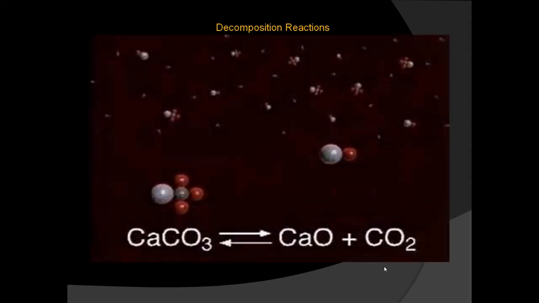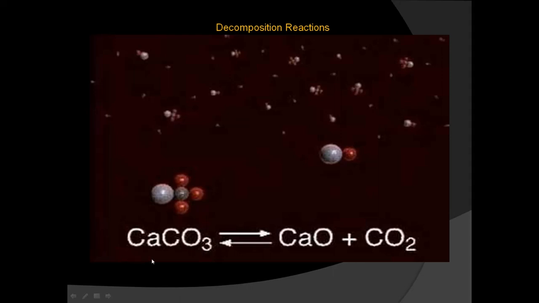Next, till now we have learnt about combination reactions. Now let us move on to the next type of reaction, that is decomposition reaction. Consider this example here. What do you see in this equation? Calcium carbonate, CaCO3.